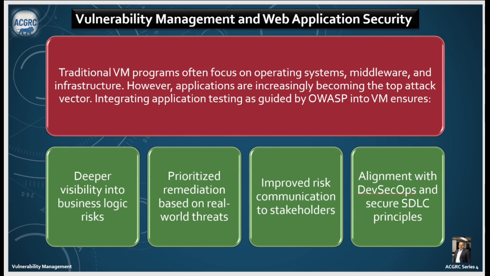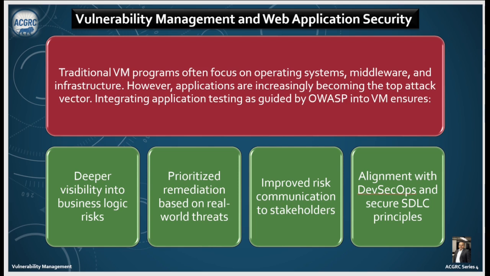Now, how does OWASP help? Well, it provides first, the testing guide, which is a practical step-by-step manual to test web apps. The Top 10, which is a list of the most critical web security risks. The Application Security Verification Standard, or ASVS, a detailed checklist for secure coding.